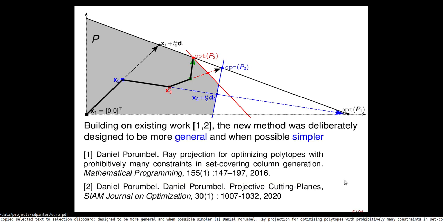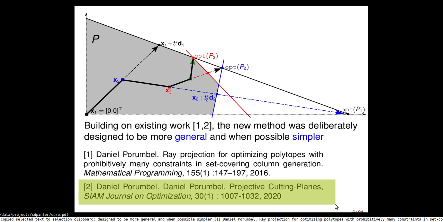And if the method is simple, it's easier to implement and also easier to understand, and it's also faster. So in the second work on this idea, I managed to make this proof very, very simple.